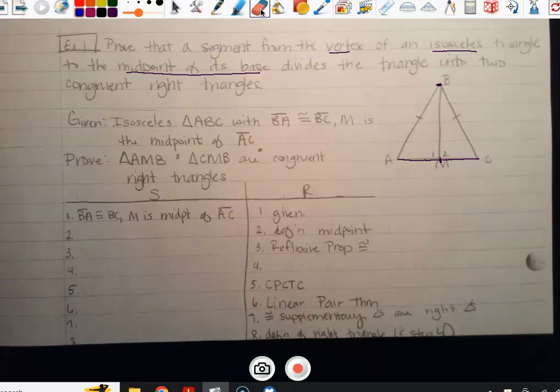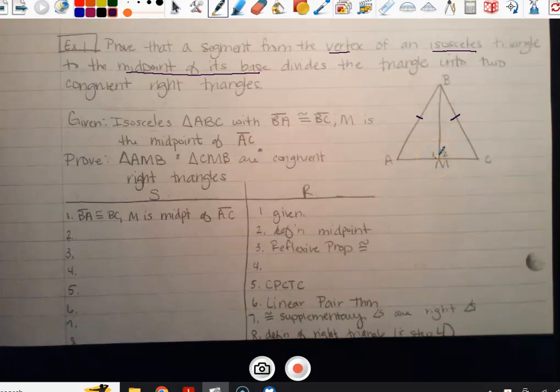So let's look at our given a little bit more and go from there. We're given the isosceles triangle ABC with segment BA congruent to segment BC. So that's why these are marked. BA is congruent to BC, and M is the midpoint of AC. So M right there is the midpoint.